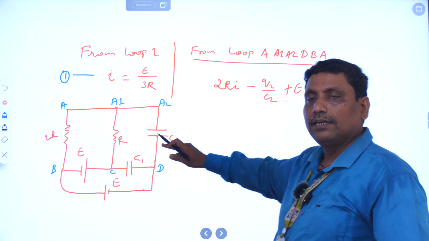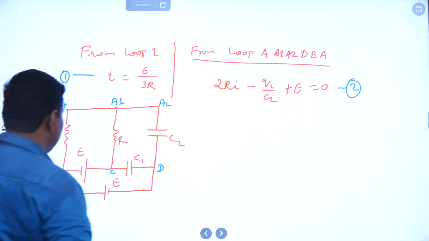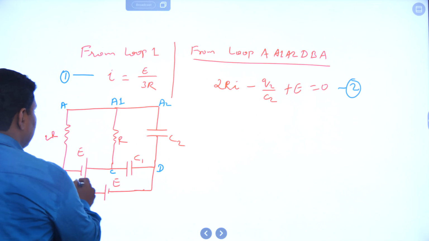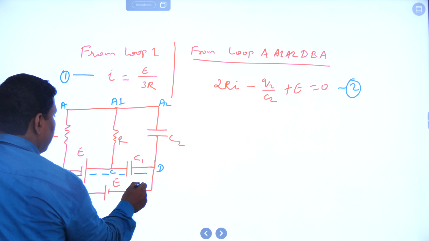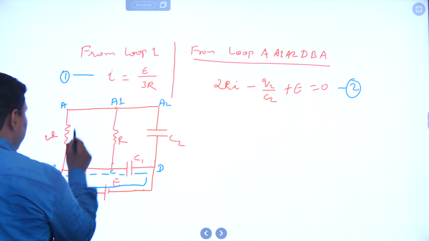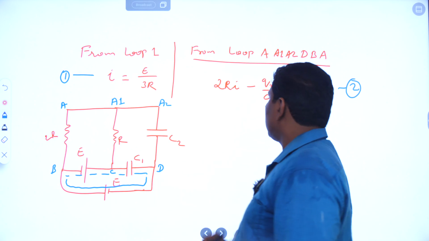So I can take one more loop equation, that is, I can consider loop BCDB. Okay, so if I consider this loop, C1 capacitor is available.